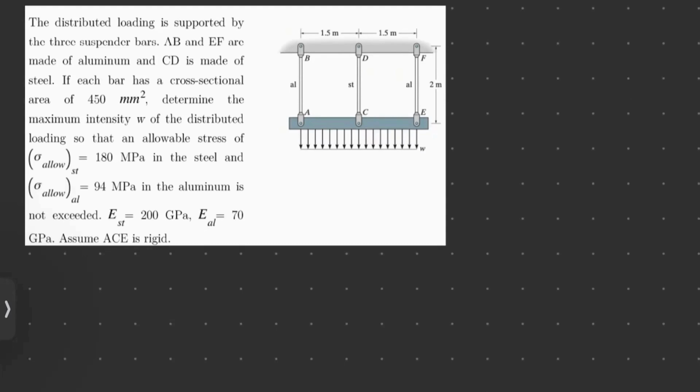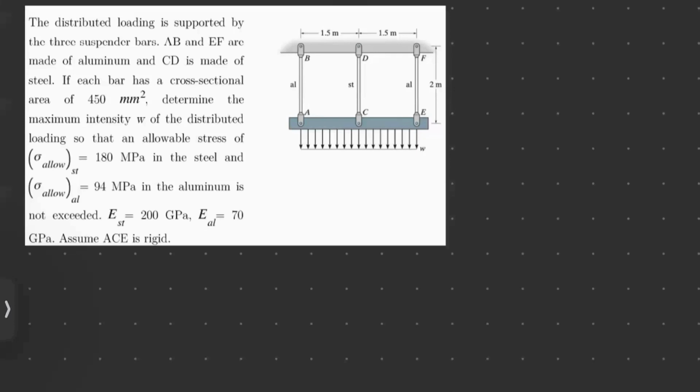The distributed loading is supported by 3 suspender bars. AB and EF are made of aluminum while CD is made of steel. If each bar has a cross-sectional area of 450 square millimeters, determine the maximum intensity W of the distributed loading so that an allowable stress of sigma allowable for steel equal to 180 megapascals in the steel, and sigma allowable for the aluminum equal to 94 megapascals is not exceeded.